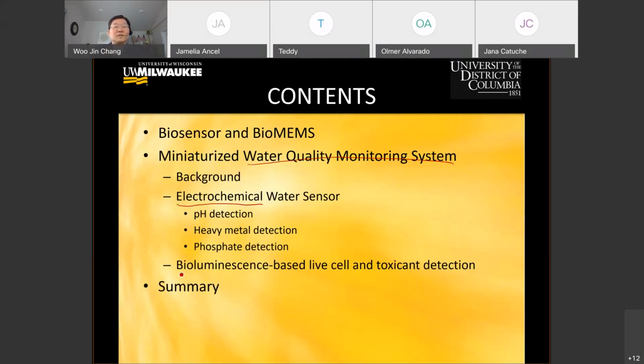And the second one is a bioluminescence based, like a cell and bio reaction based system to detect live cells and toxicants. So I want to introduce this part more and very briefly talk about this bioluminescence based system.